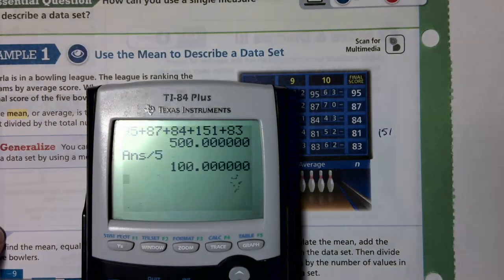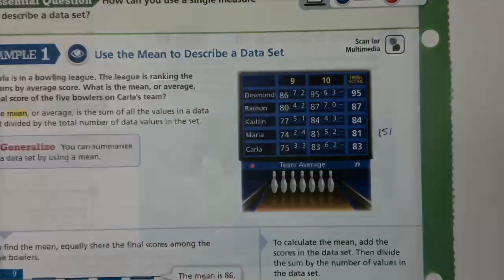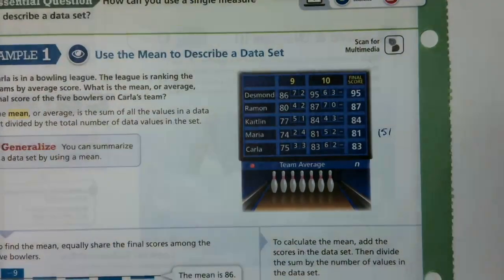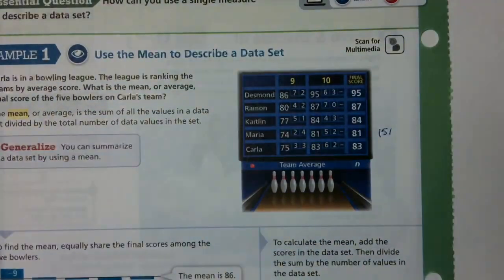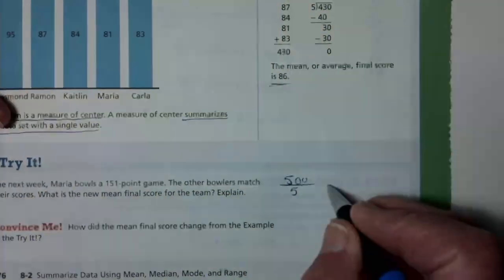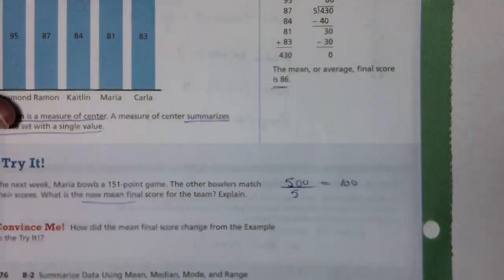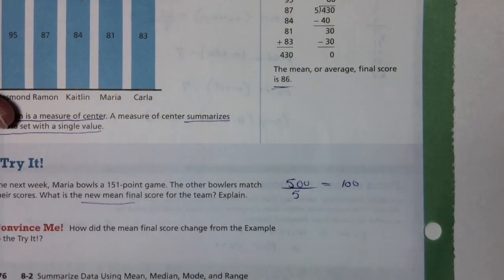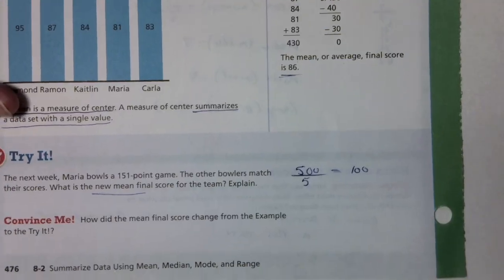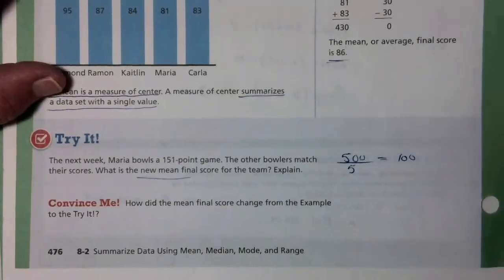Now what's the average? Okay, so we got 500. We're going to divide it by 5, and we got 100. What is the new mean? 100. So what did her scoring a really high game do to the mean?